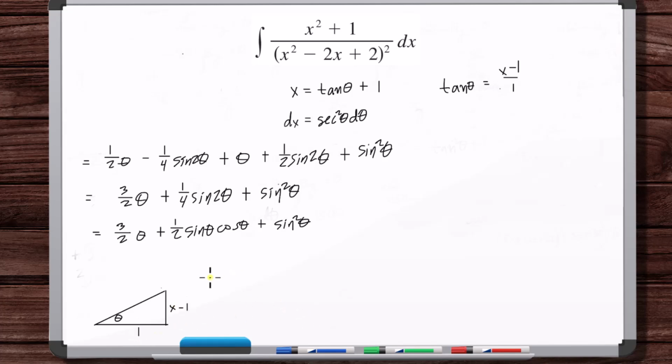So the hypotenuse squared is equal to x minus 1 squared plus 1 squared, x squared minus 2x plus 1 plus 1.